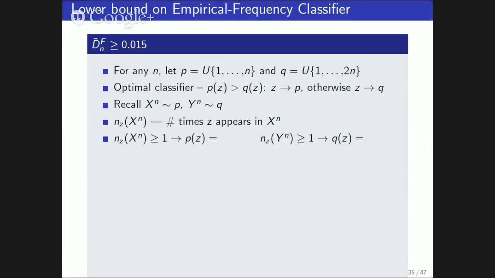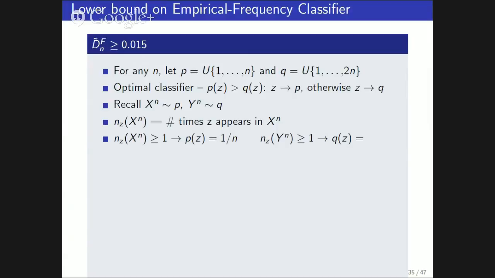X^n is generated according to P, and P is uniform from 1 up to n, so P of Z is 1 over n. So if Z appeared in X, then its probability is 1 over n.